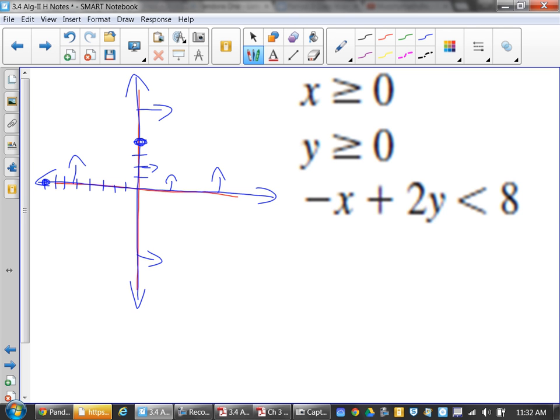Dotted. There you go. Then you plug in 0, 0. Did it go through the origin? No. So what's 0 plus 0? 0. Is it smaller than 8? Yeah. So now it's moving down this way. So you wind up with this region bounded in here.